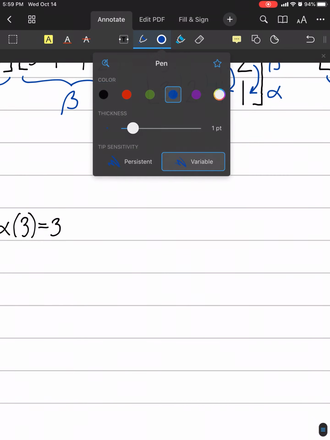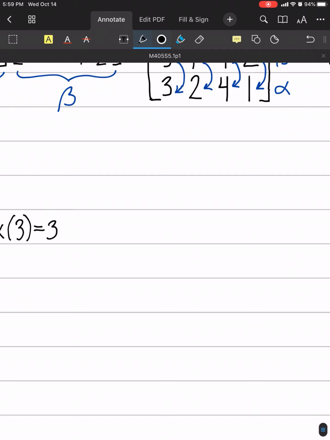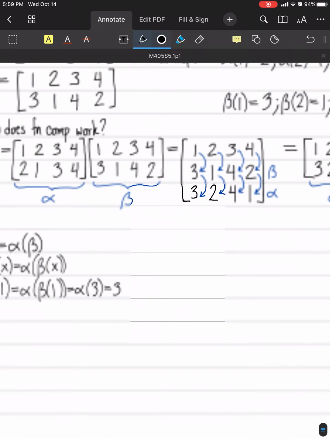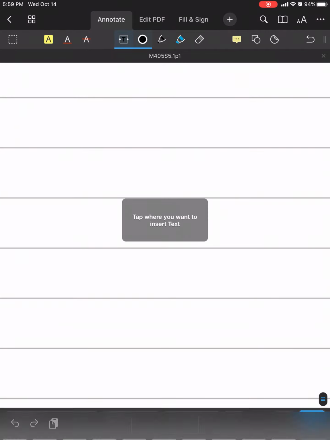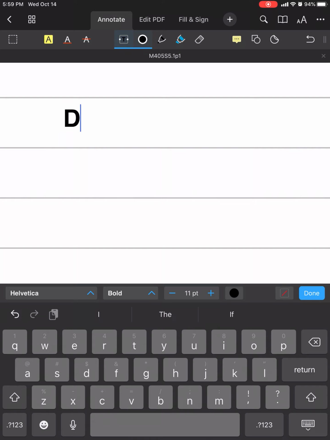Now, just another quick exercise. Before I do that, let me put up another definition here. Definition.